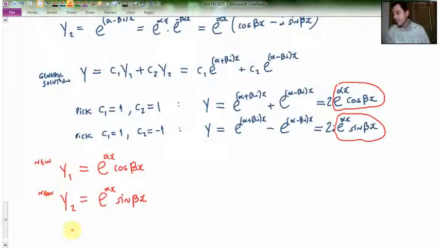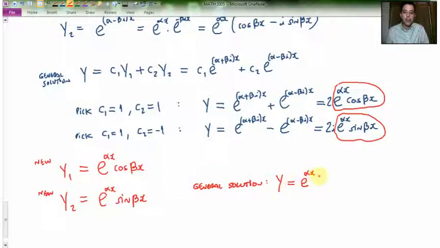Okay. So those are the two solutions that we can use. And if you plug these two solutions in the original ODE, you get that it satisfies the ODE, and also they are linearly independent. So in the end, the general solution becomes y equals e^(alpha x).